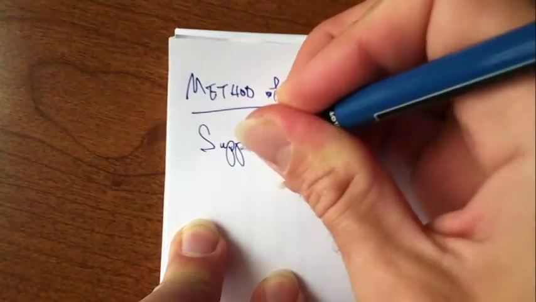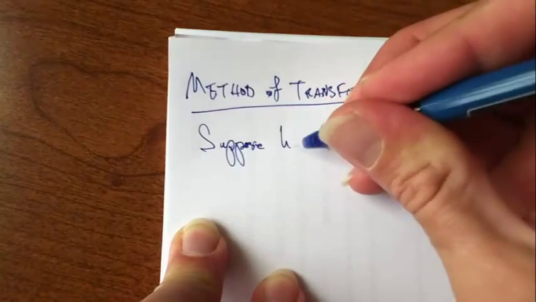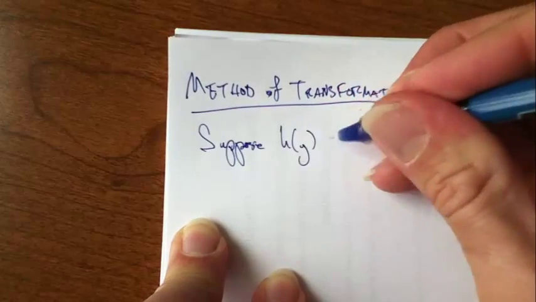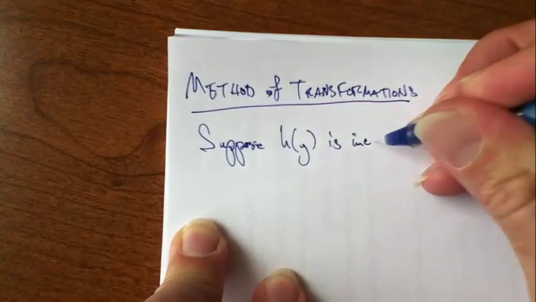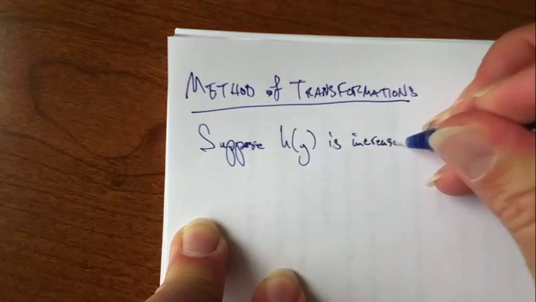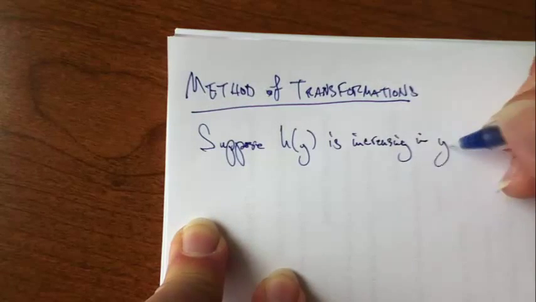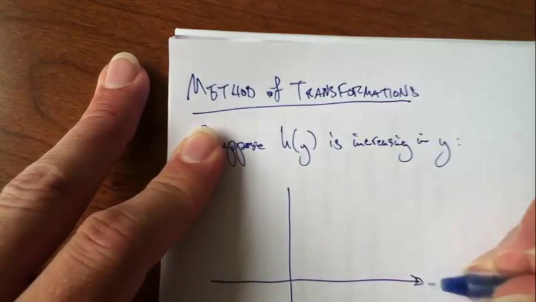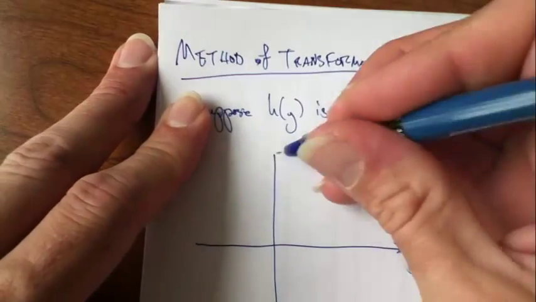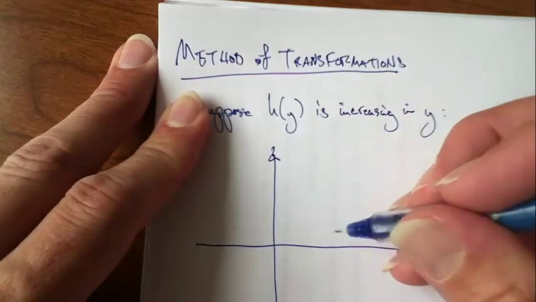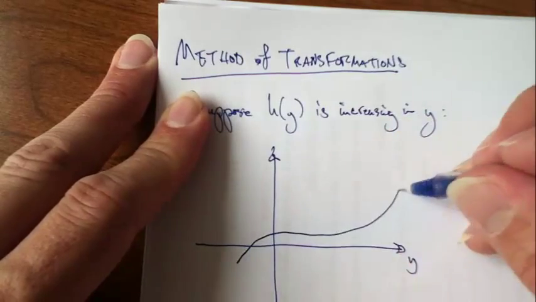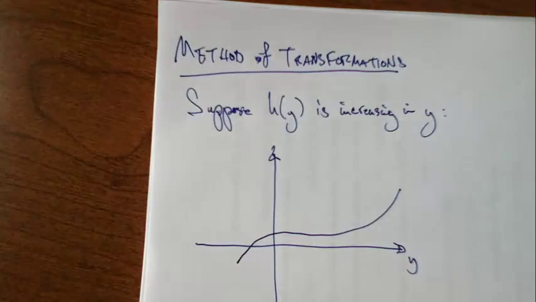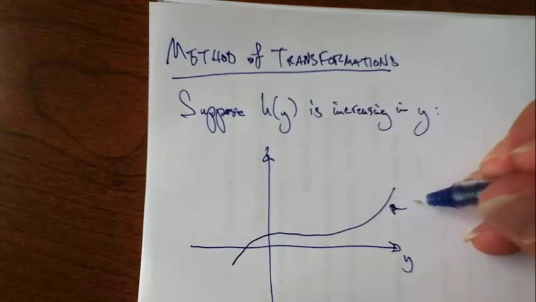So suppose, first of all, that h of y is increasing in y. That is, it looks something like this. Here's the y-axis going along this way. Maybe it's some function that looks like this. Note that this is our function h.